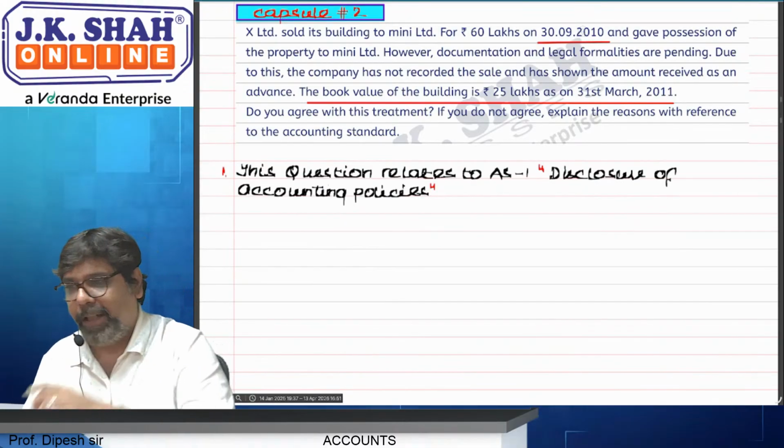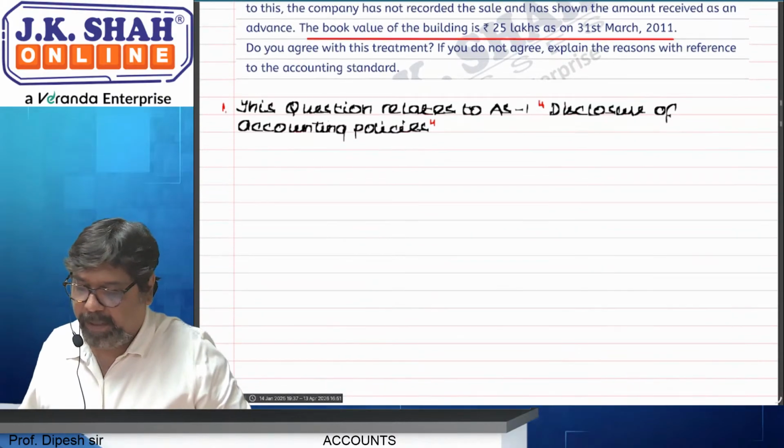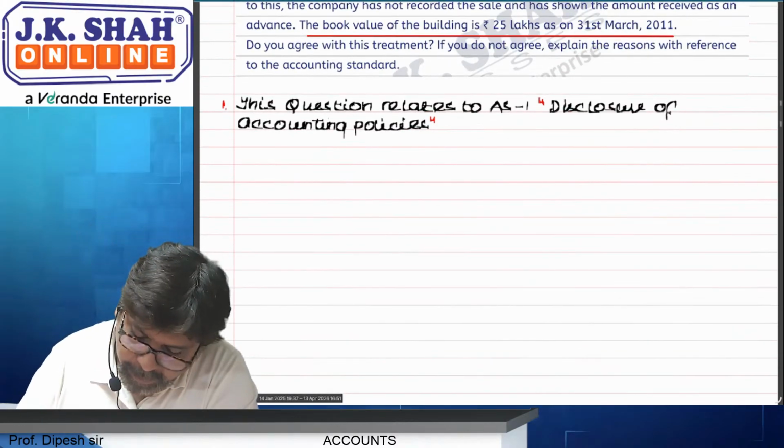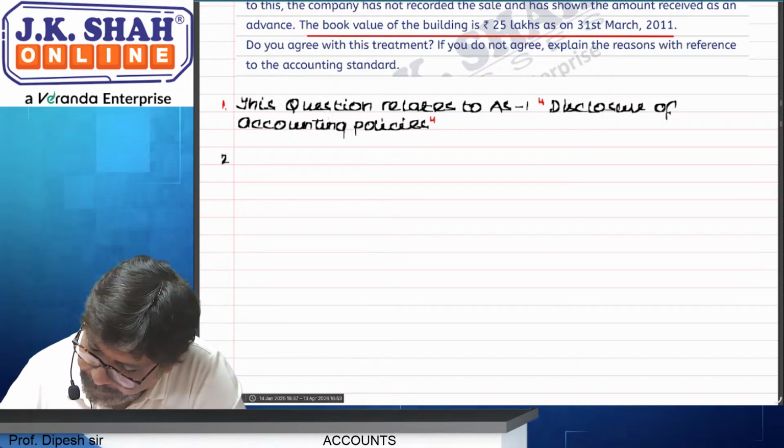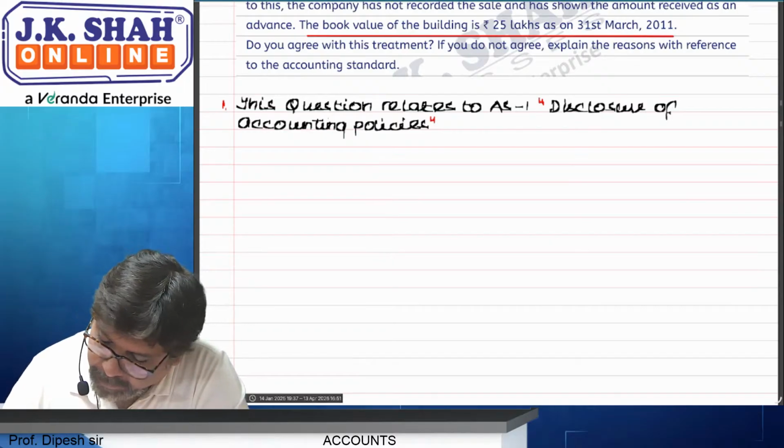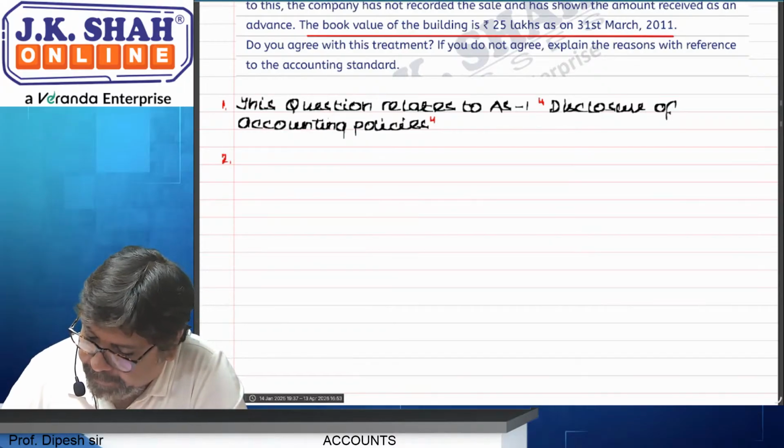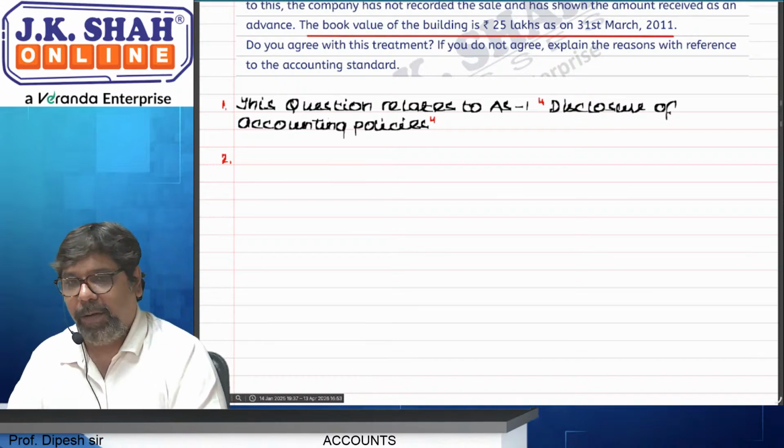This question relates to AS 1, disclosure of accounting policies. Number 2. So this is selection of accounting policy and substance over form.